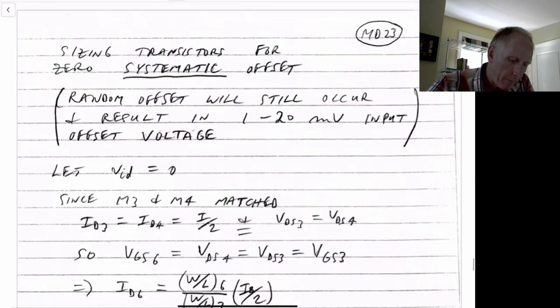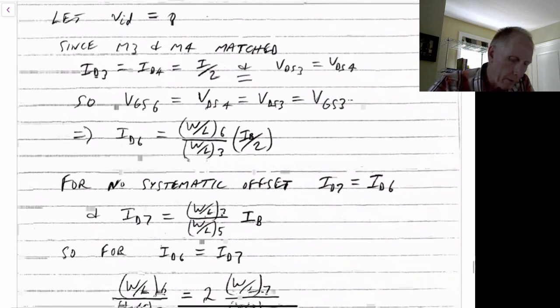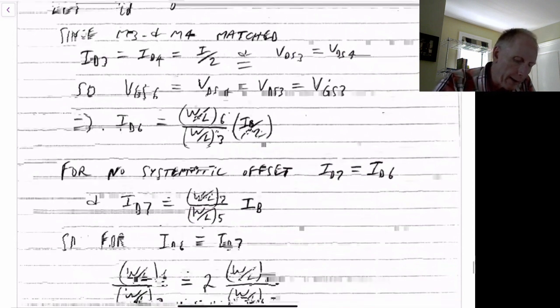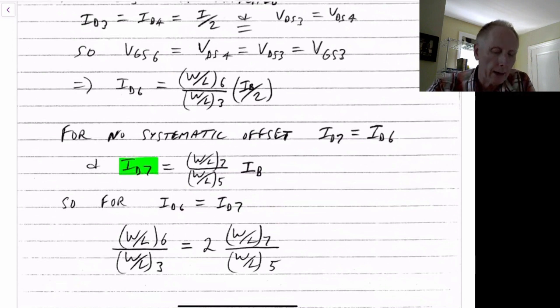So ID7 is given by this relationship here: ID7 is W over L of transistor 7 divided by W over L of transistor 5 times IB.